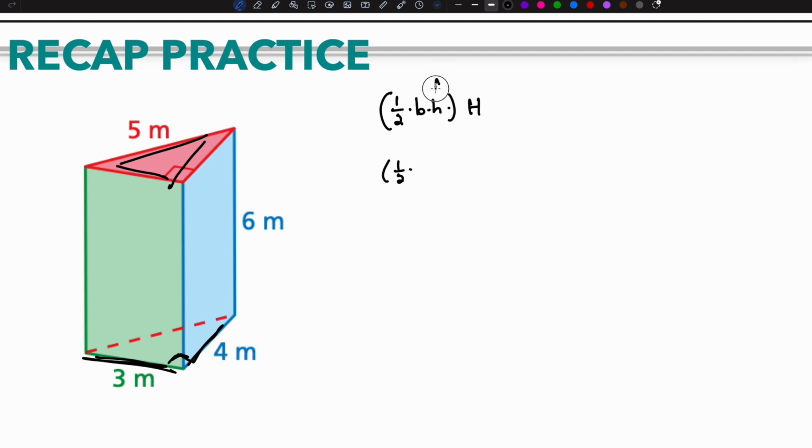Be careful. This height is just the height of the triangle. It is not the height of the whole thing. So the base and height of this triangle is going to be 3 and 4. And then the height of the entire prism is going to be 6. So that is going to be 36 when you multiply all of that together. And then again, this is meters, and because it's volume, you are dealing with meters cubed.